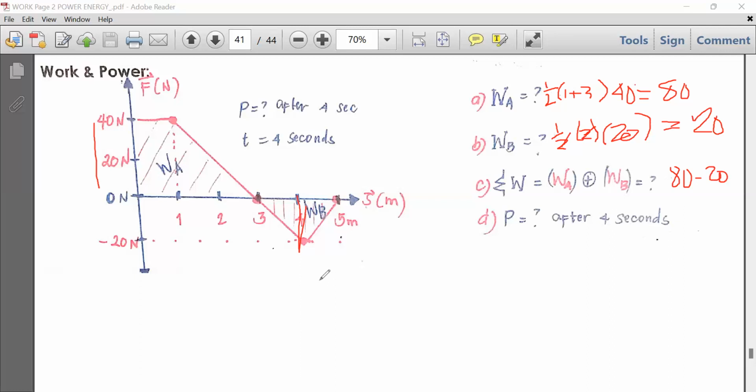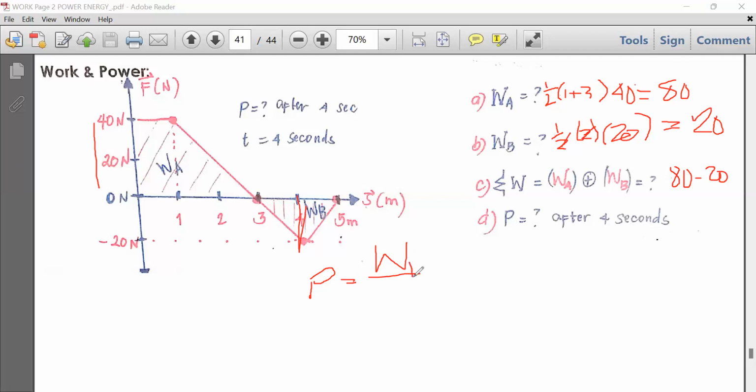So how much power was expended after 4 seconds? Power is the total work done divided by the time.